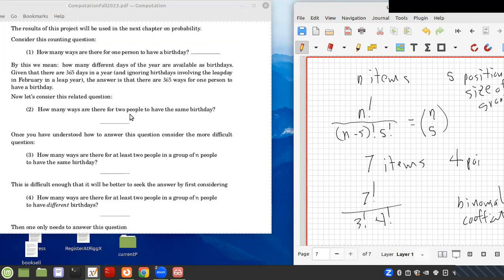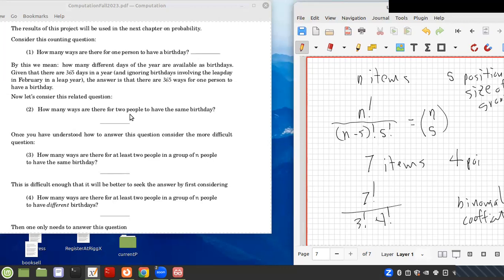That's a little more difficult, right? If I have 10 people, and I want to know how many ways there are for at least 2 people in the group to have the same birthday, well, that's a complicated problem because different people could have the same birthday, and they could be on different days of the year, right?